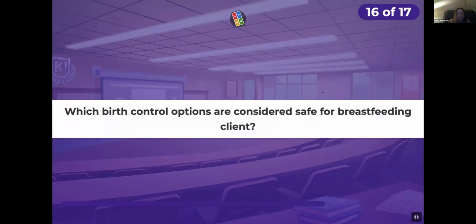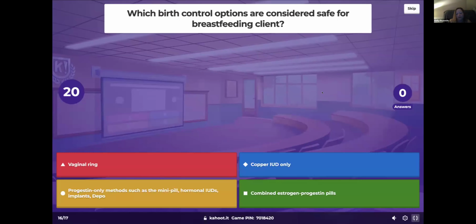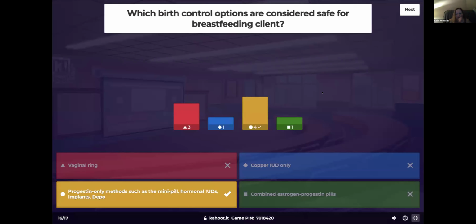Which birth control options are considered safe for a breastfeeding client? Vaginal ring, copper IUD only, progestin only methods such as a mini pill, hormonal IUDs, implants, or depot, combined estrogen, progesterone pills.